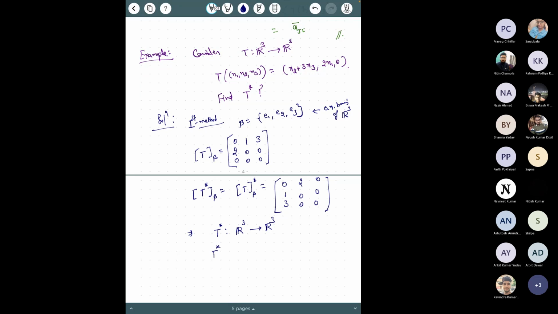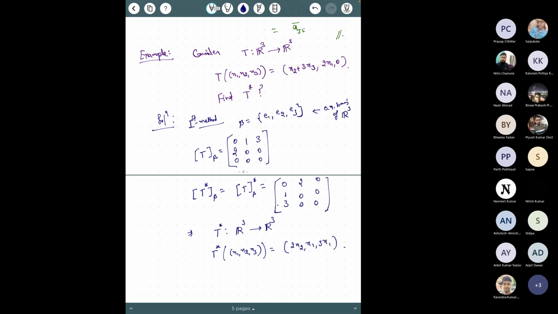If you take any triplet x1, x2, x3 and send it through, what is it? 2x2, then x1, comma 3x1. So now you can see that it's very easy to find T star, at least for such an example.